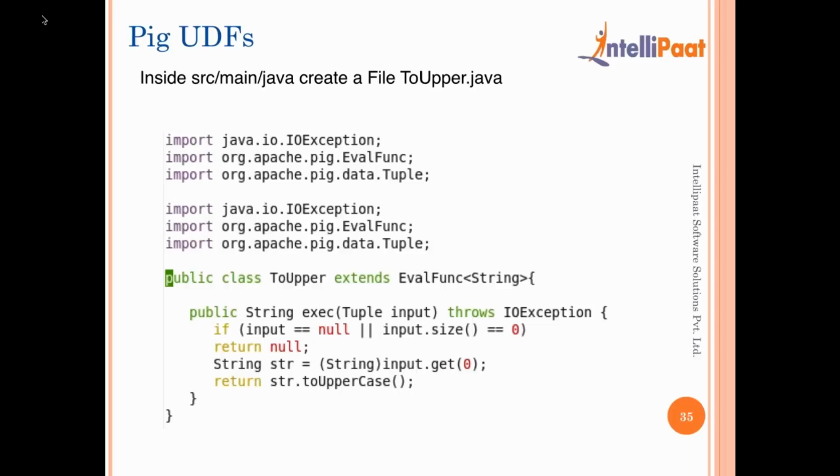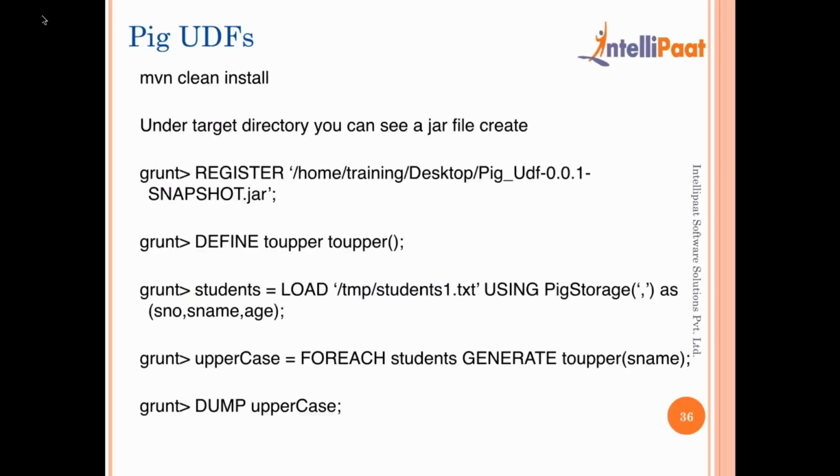Inside that you write code which checks if the string is null. If not null, it converts that string into uppercase. Then to compile and create a jar file, you use mvn clean install, and this will create a jar under the target directory inside your project itself.